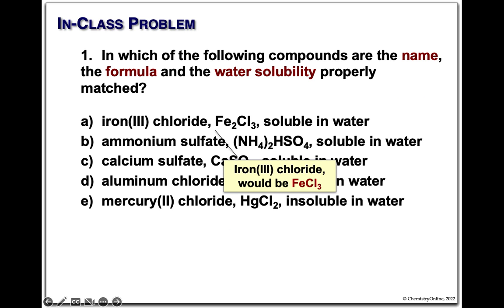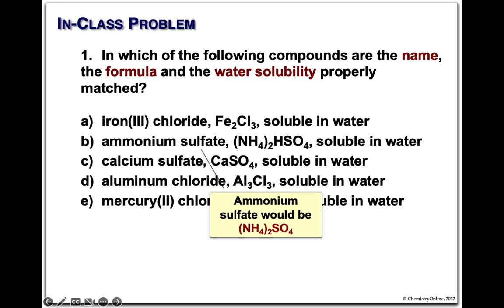Iron(III) chloride is FeCl3. Ammonium sulfate. That is ammonium, that's true. Sulfate is -2, ammonium is +1, so we do need 2 of them. However, this is hydrogen sulfate. Ammonium sulfate doesn't have a hydrogen. This is -2, each of those is +1.